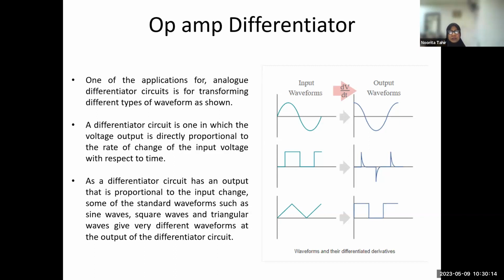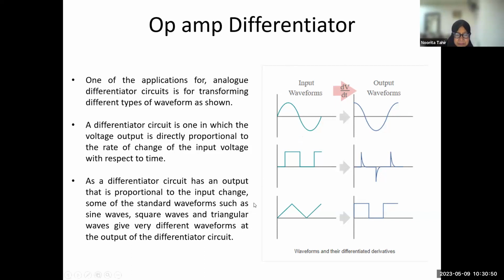So another application for op-amp is as a differentiator circuit, which means it transforms the input waveform versus the output waveform. How does it function? A differentiator circuit is one where the output voltage is proportional to the rate of change of the input voltage with respect to time.